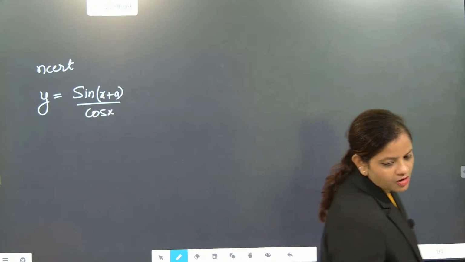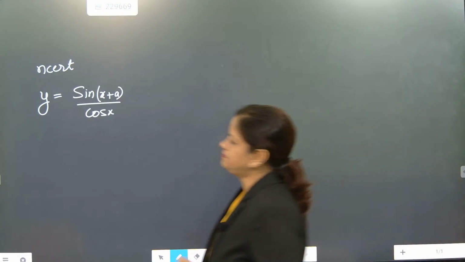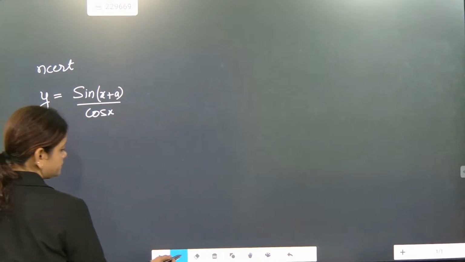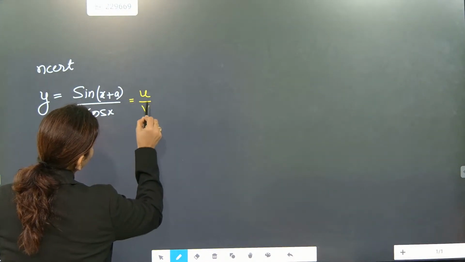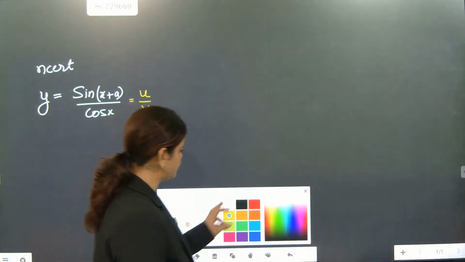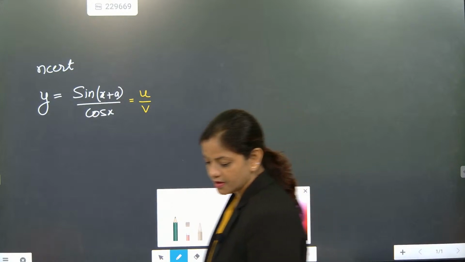Come on, can I solve or do you want to try? This one will become u, and this one will become v. Now you try it. Do you want to try or should I solve? Say quickly.